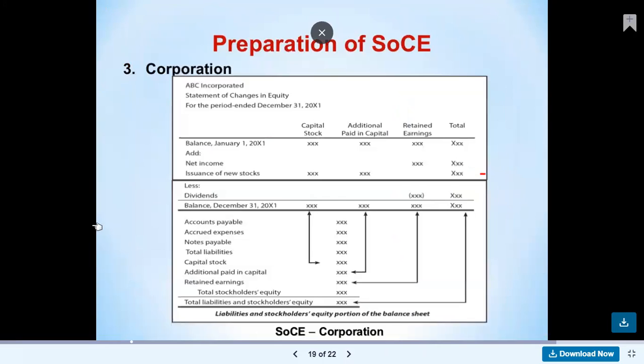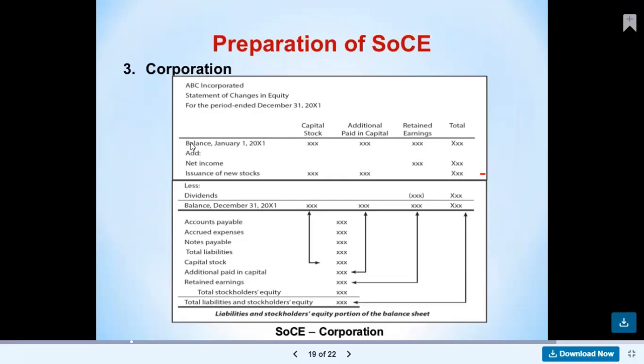Now, the format of the statement of changes in equity, we have ABC Incorporated statement of changes in equity for the period ended December 31. So we have here, instead of partners, capital stock, additional paid in capital, retained earnings.